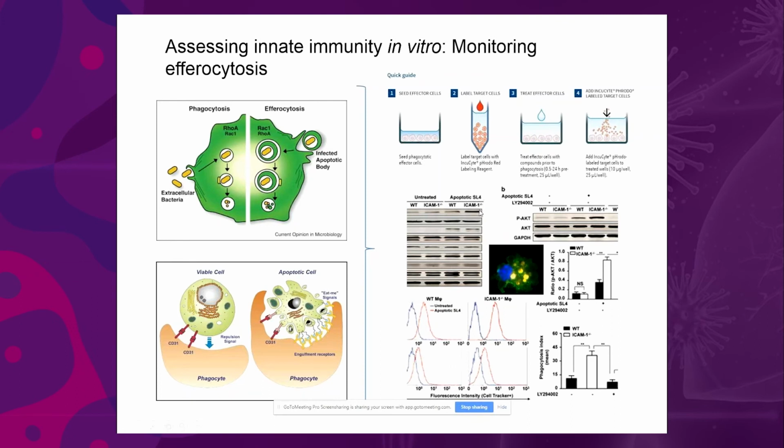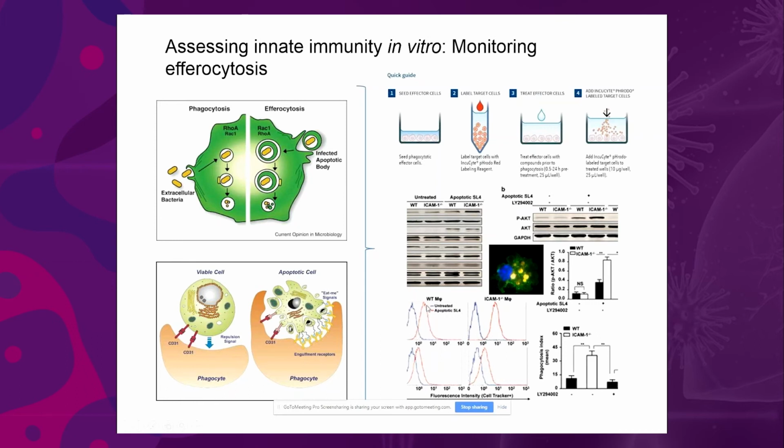Again, we can look at signaling cascades that are activated. These are examples from the paper, irrelevant, but the basic concept is that we can look at signaling cascades by getting back macrophages and looking at the signaling cascades there. We can look at the phagocytosis process, the uptake of apoptotic cells, and as we have labeled the cells, we can look by fluorescence microscopy how many of the cells are taken up.